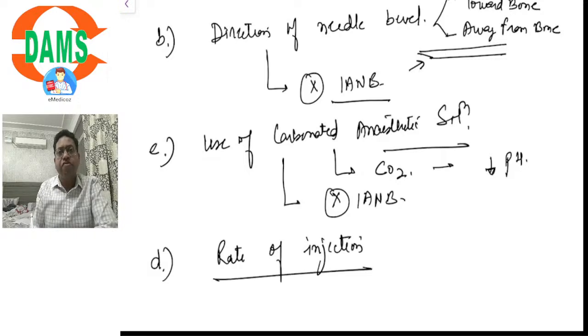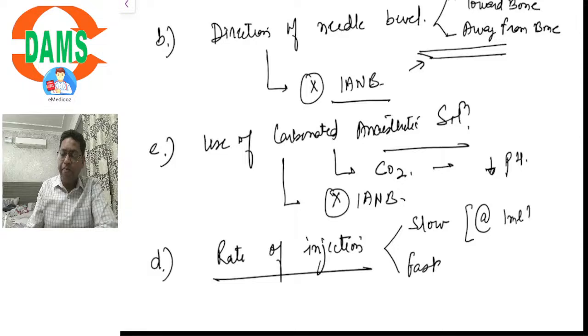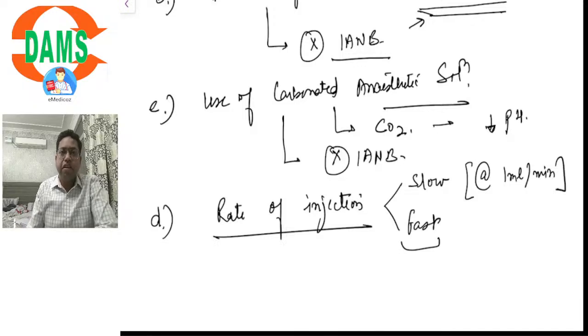While administering anesthesia, we can either make it slow or fast. Slow means at the rate of normally 1 ml per minute. This rate is defined as slow. 1 ml per minute is quite slow, and anything more than this would be considered fast.